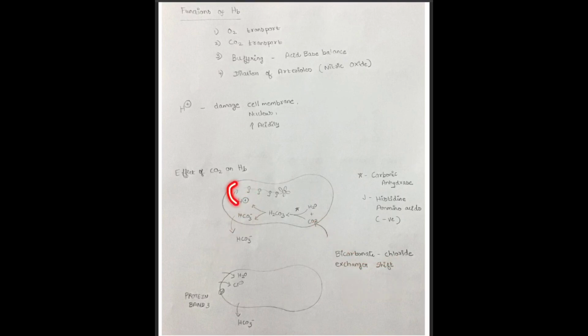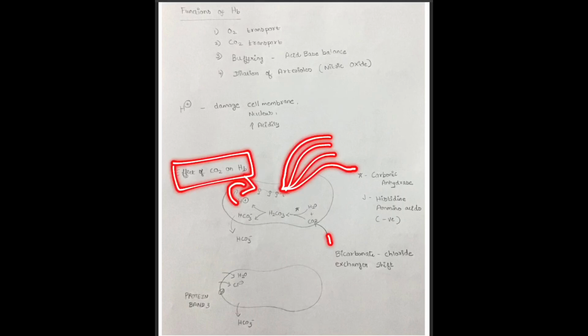When hydrogen ion gets picked up, the oxygen molecules in the pockets of the hemoglobin will go outside. So this effect of carbon dioxide on hemoglobin is known as Bohr effect.